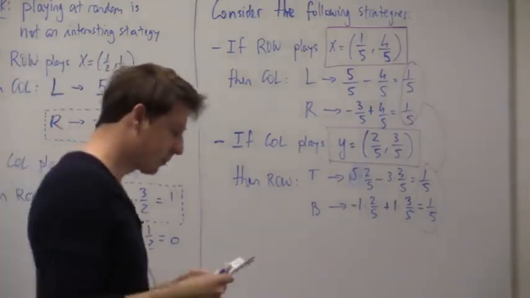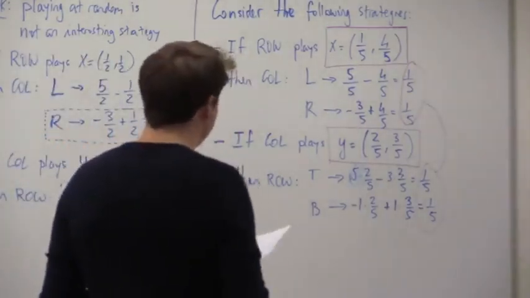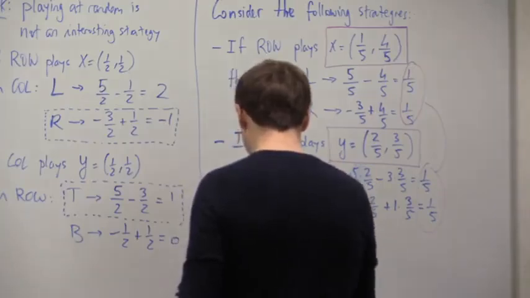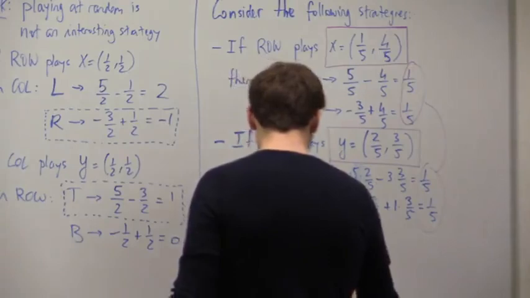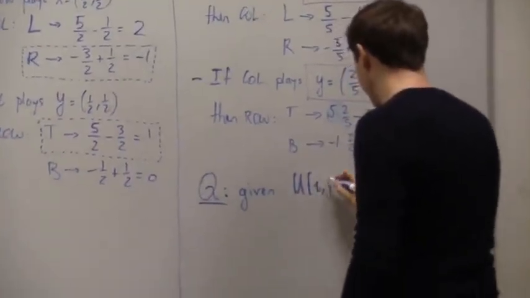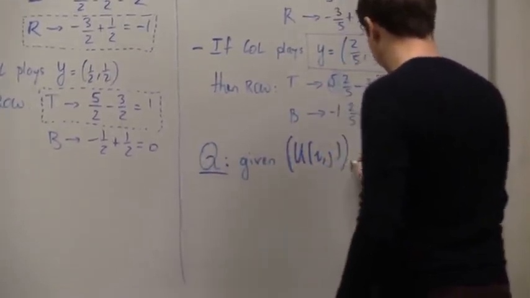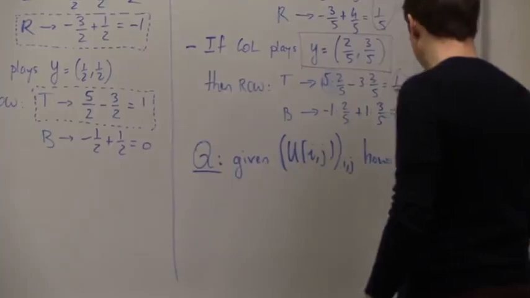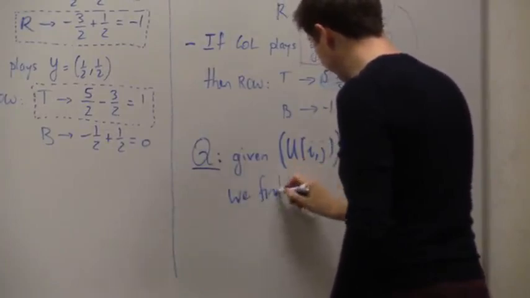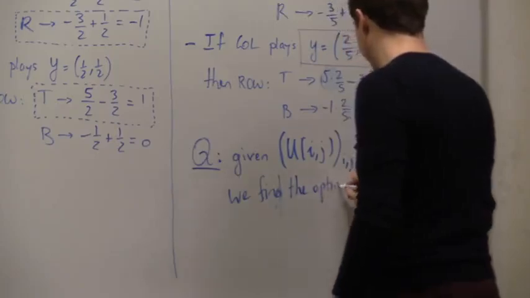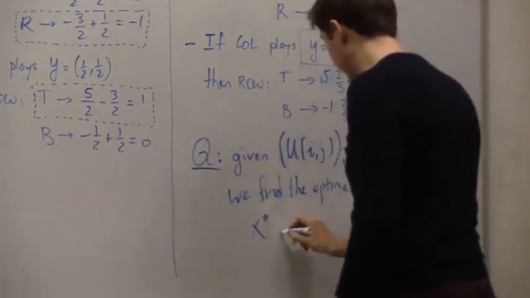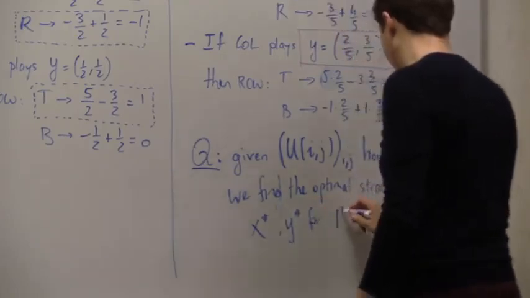So the question that we want to ask today is, given the payoff matrix Uij, how do we find the optimal strategies X star and Y star for row and column respectively?